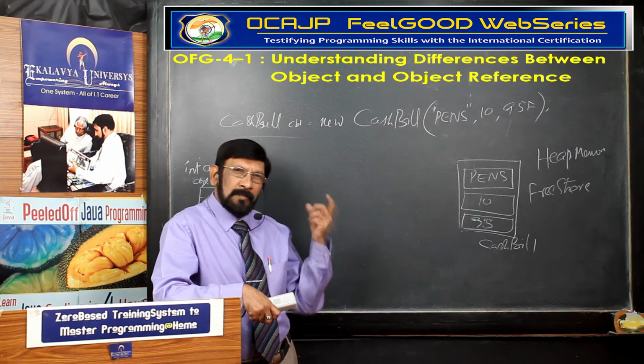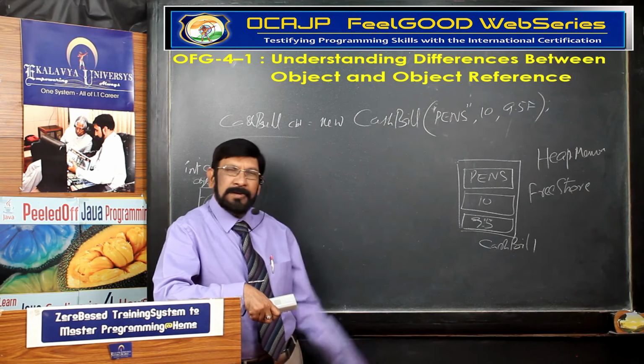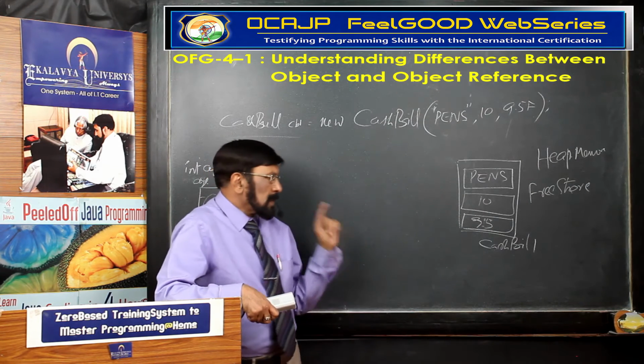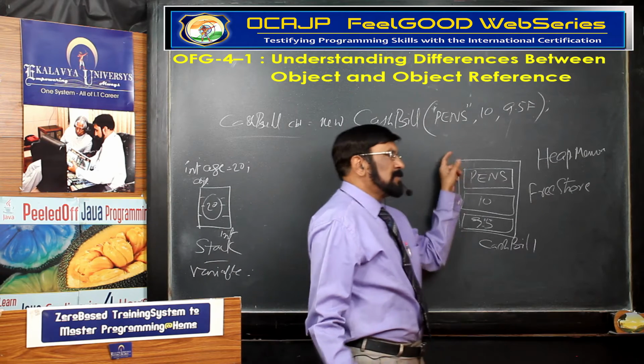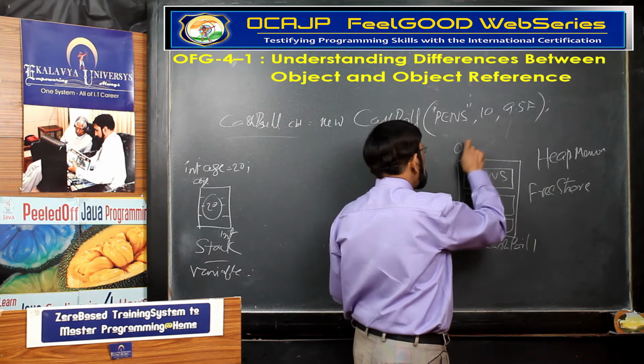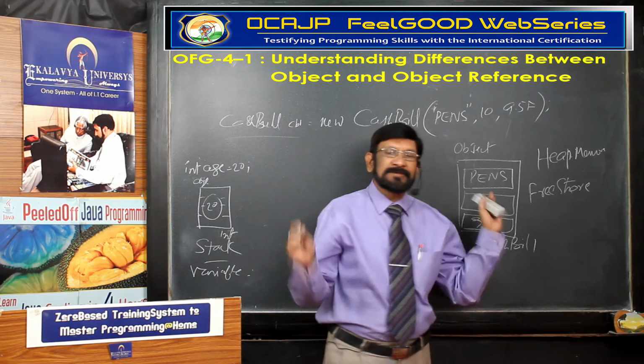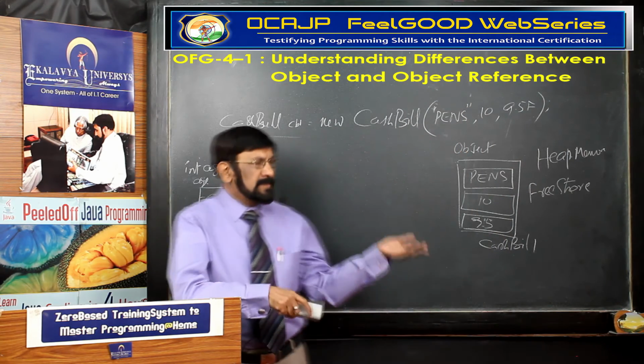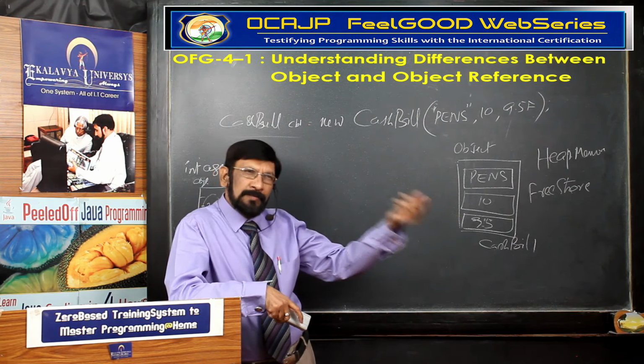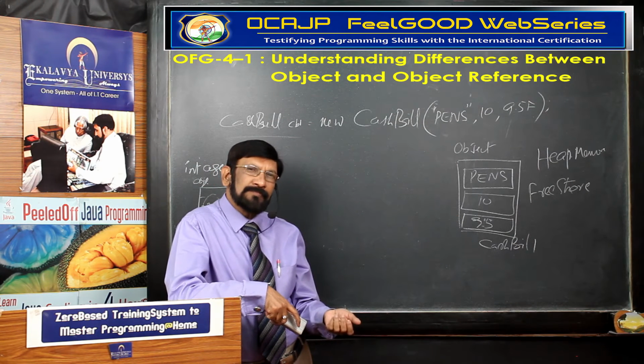If you want 10,000 bytes of memory, you can get it allocated. That is not an issue. But the only thing is, here you cannot give a name. Simply you can call it an object. This is a CashBill type object. That's it.